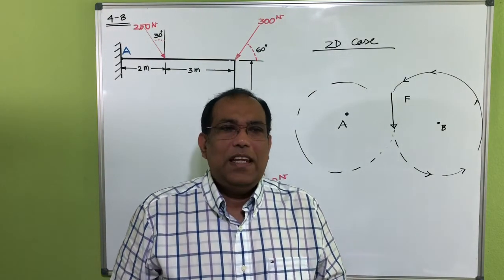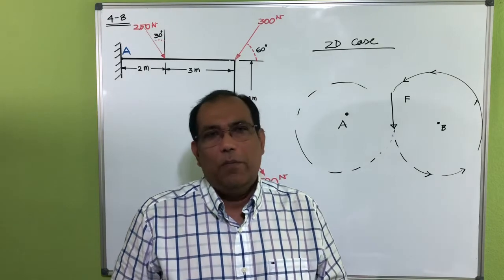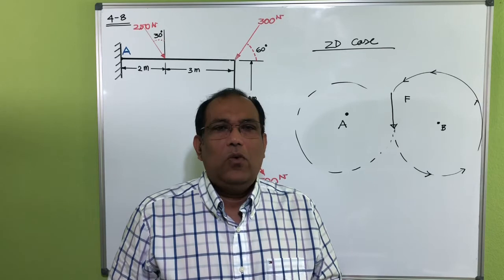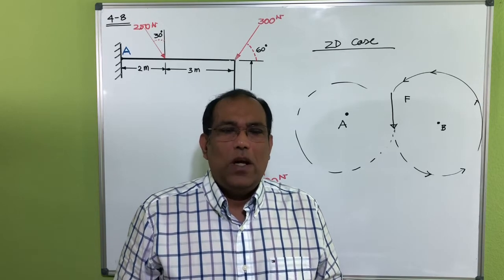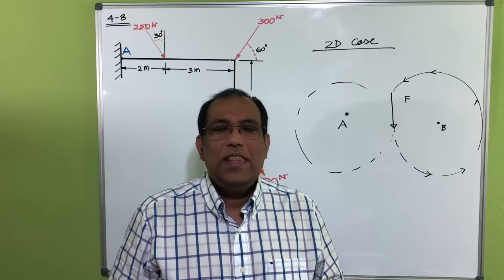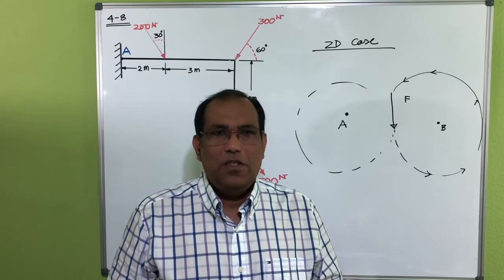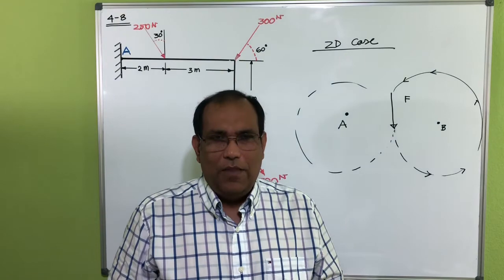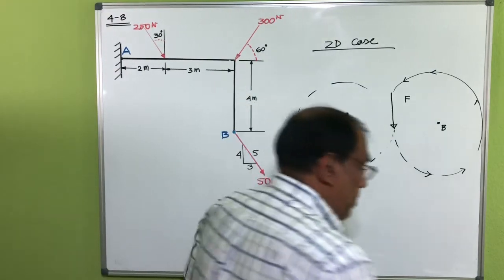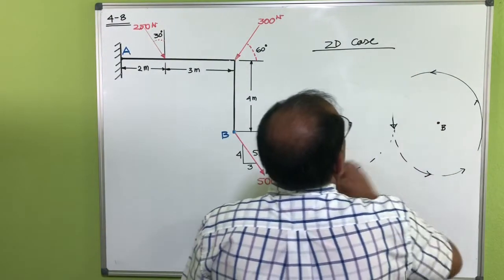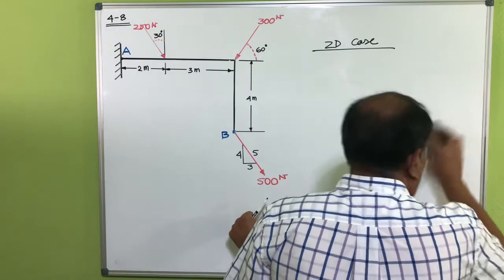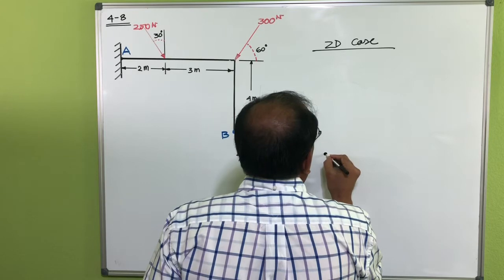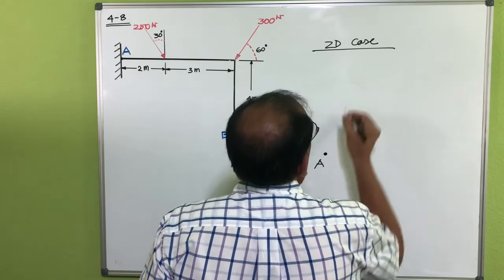Sometimes you will see that your force is far from the point, and it's a little bit difficult to find out whether this one is clockwise or counterclockwise. So in that situation, you can just move the force along the line of action of that force. For example, let's say I'm trying to take a moment at point A for a force here.